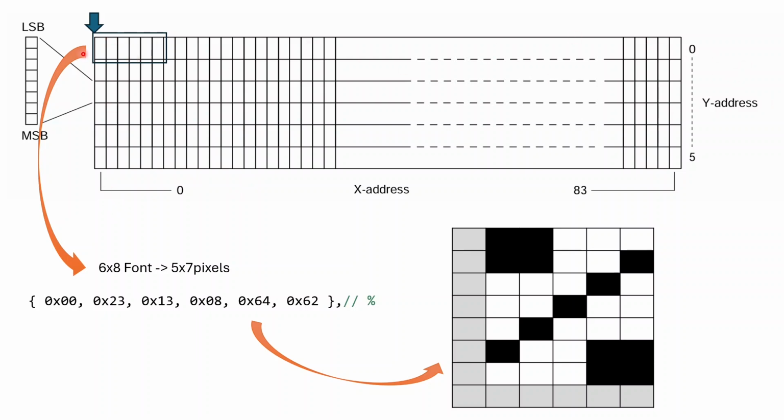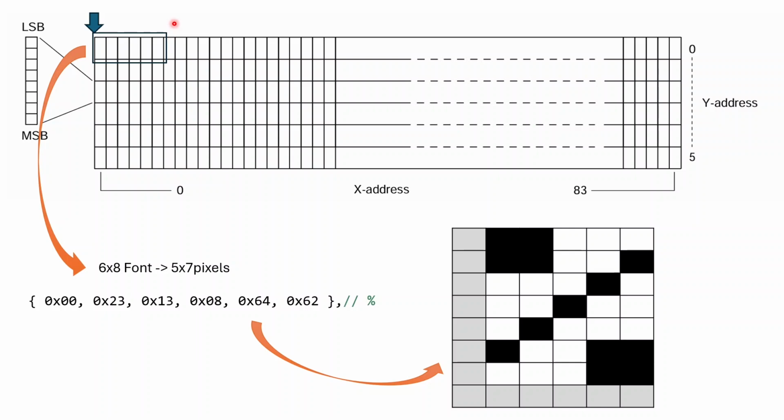And suppose that we write 6 bytes to the buffer, then consecutively, they will land in these positions. And this is because we have this auto increment function. So after writing the first byte, the X address is increased automatically, and that continues until we have written 6 bytes, and then the pointer will be at the 7th location.